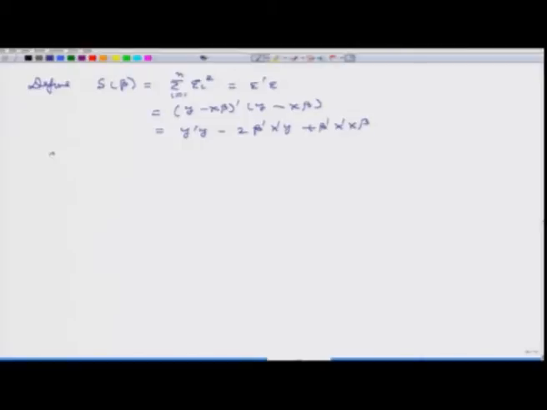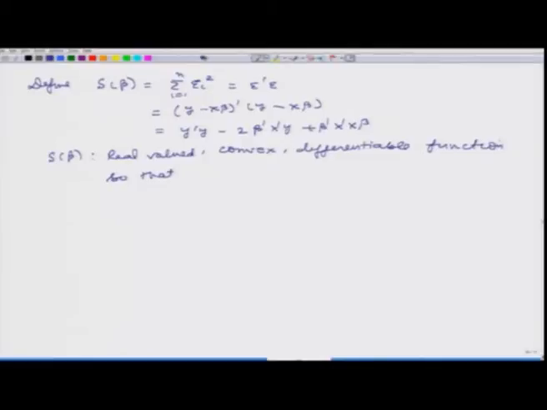And we assume that this S beta is a real valued convex differentiable function, so that the minimum will always exist, right.